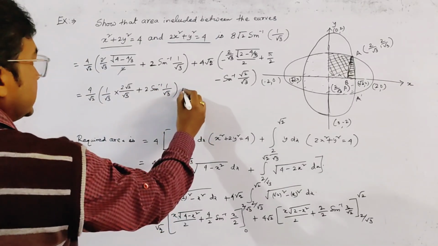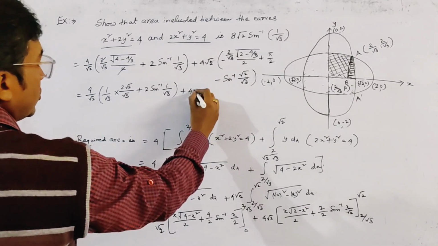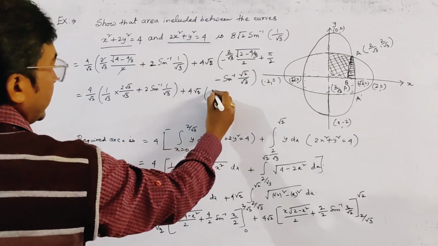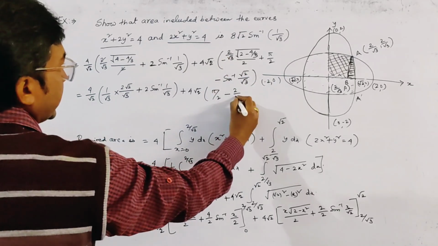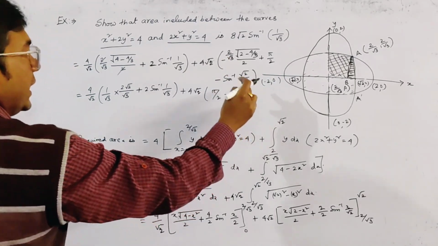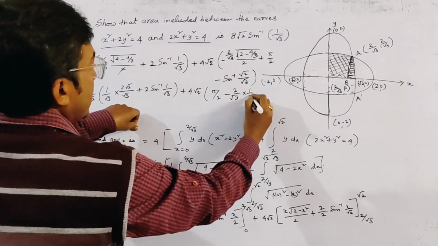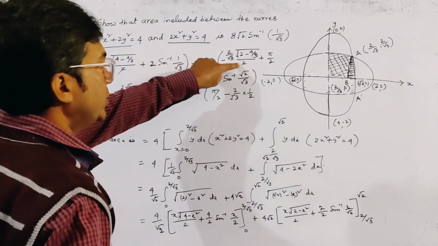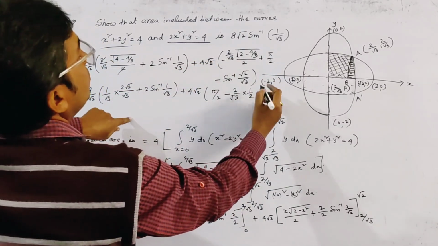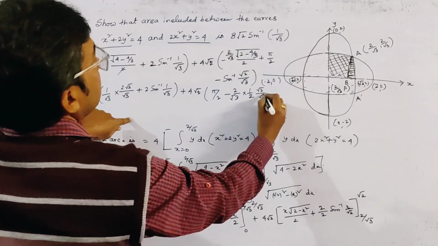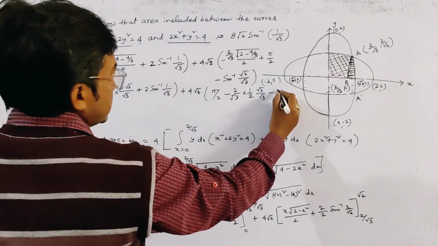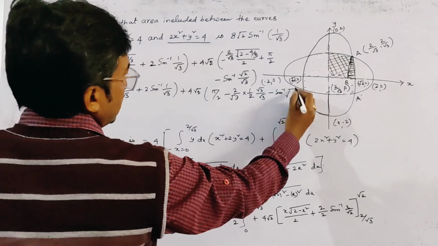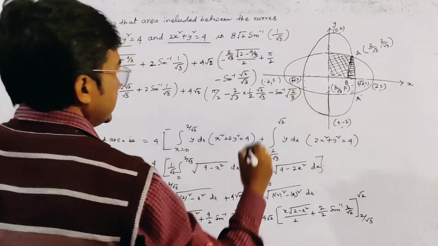Now from this integration we get 4 root 2, we write pi by 2 first, then we get minus 2 by root 3, and this is into half because there will be a 2, and from under root we get root 2 by root 3, right, and we get this is minus sin inverse root 2 by 3.